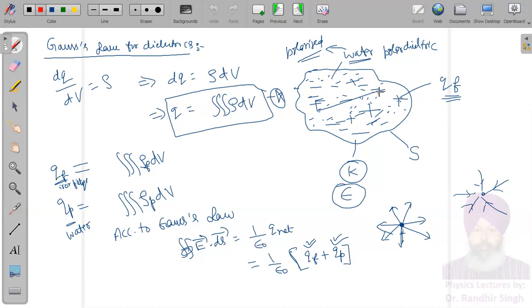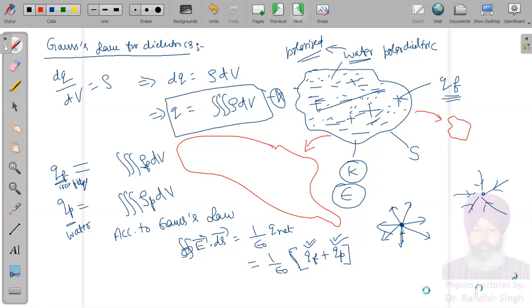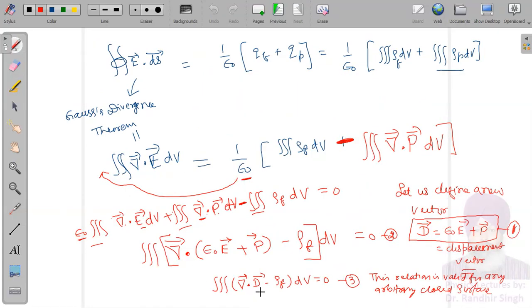Now I was showing this. You can see this is an arbitrary surface. I could have drawn this surface to be smaller, or I could have taken a surface of this much size or this much shape. What is the difference if I change my surface from here to here? I am changing the size and shape of the surface. This is equivalent to changing the limits of integration, because this is a volume integration, and it will cover the whole volume of the body.